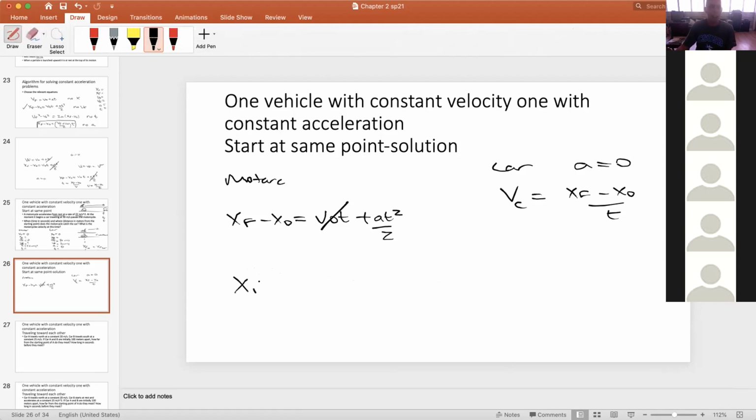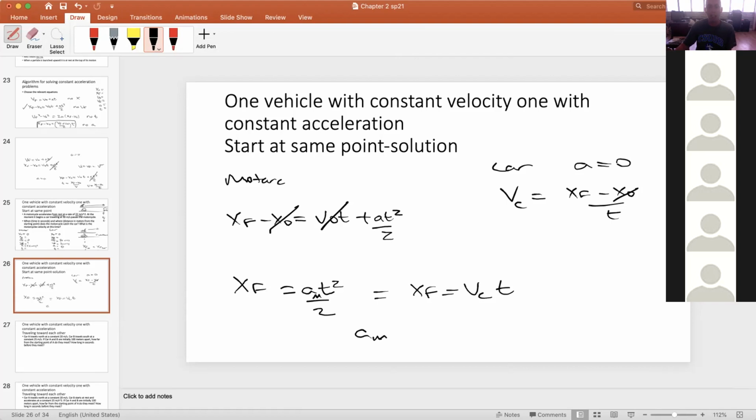So, because I'm going to say that X initial is 0, I have X final is equal to A T squared over 2. I also have that X final is equal to V of the car times T. So this is A of the motorcycle. I can put these together because X final is the same for both of them.